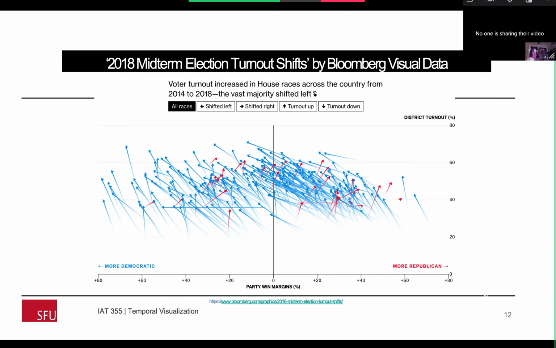In some of these races, there's been a very significant increase in turnout for many of the Republican wins. But by and large, you can see that the trend in this electoral comparison is a shift towards the Democratic Party between those two races. And those are midterm years, in case you follow U.S. politics.